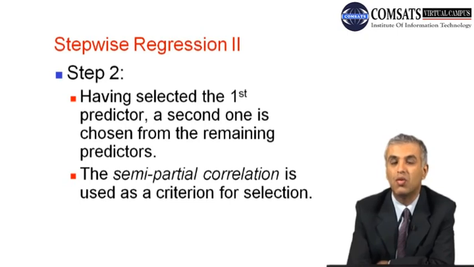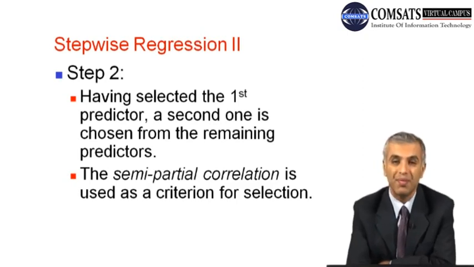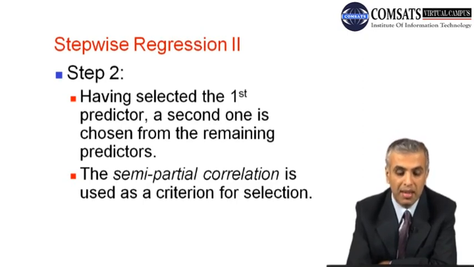Then SPSS would look for the next variable which would explain the remaining 40% variance, or the most highly correlated variable which would not only explain the most part of the remaining 40% variance, but also be stable enough to be included in stepwise regression. So the rest of the variables would be selected based on semi-partial correlation.